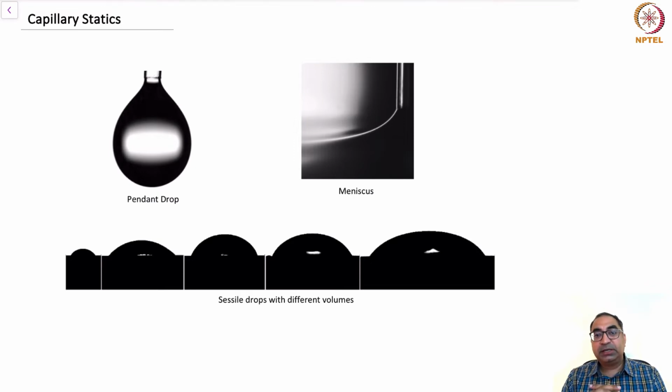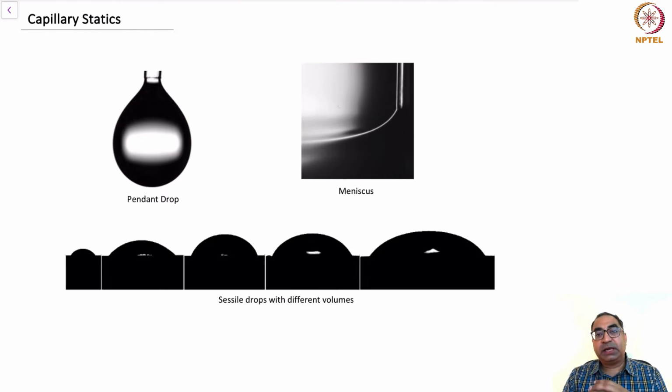And notice that these problems also have curvature. Therefore, we will be using hydrostatics, which is how the pressure varies across a fluid when there is gravity. And at the interface, there is a discontinuity in the pressure, which relates the pressure jump across the interface to surface tension and curvature at the interface.